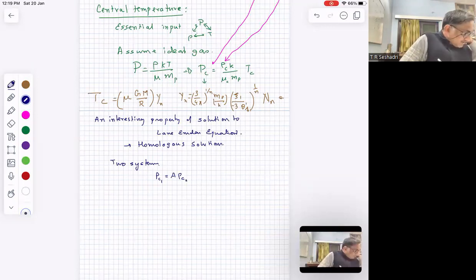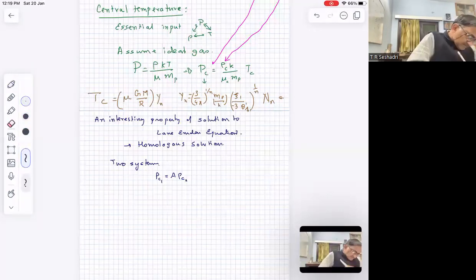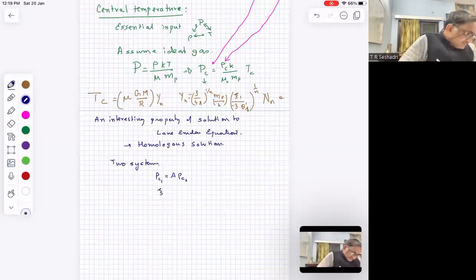And suppose the radius scales as xi1 is equal to b times xi2. Okay. Now, this implies that theta for 1 is equal to a power 1 by n theta for 2.